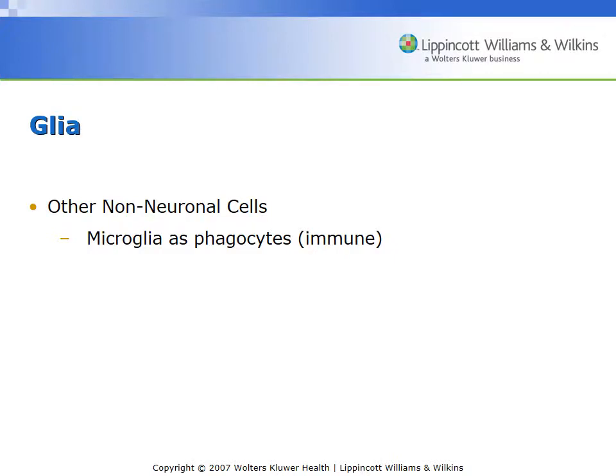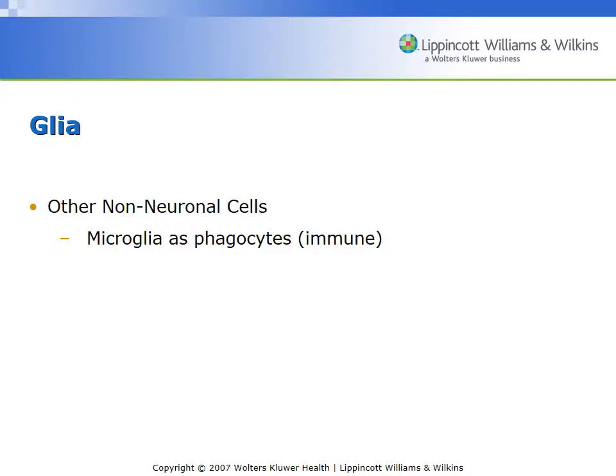Of course, there are many other types of cells in the brain, ranging from blood vessel endothelial cells, which are the cells that line blood vessels. There are immune cells such as phagocytes that can protect the brain from invading organisms.